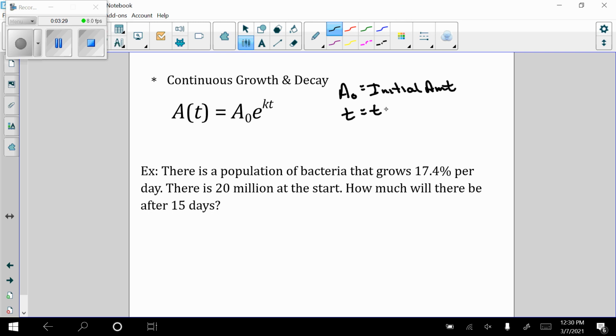Pay attention to the time frame. And K is your growth or decay rate as a decimal. So if K is greater than 0, it's a growth. If K is less than 0, it's decay.